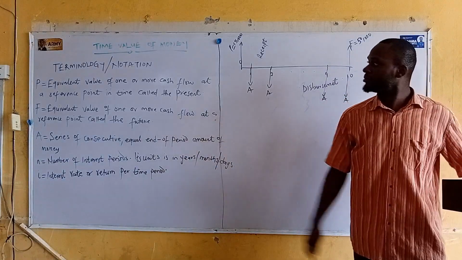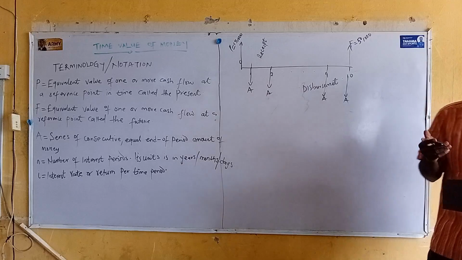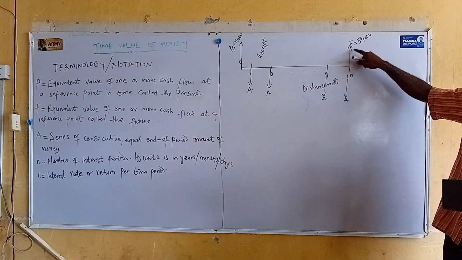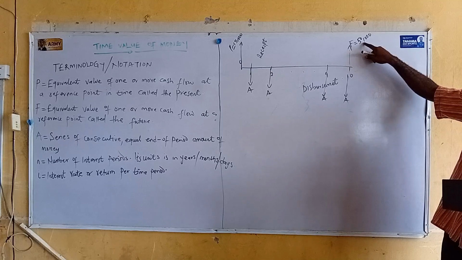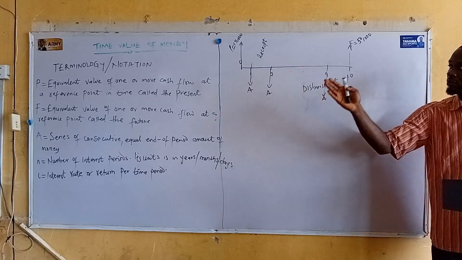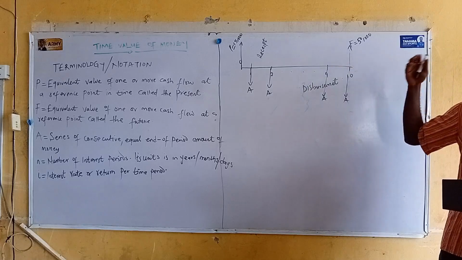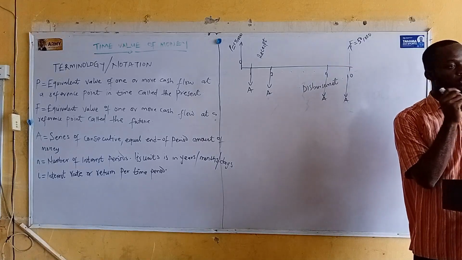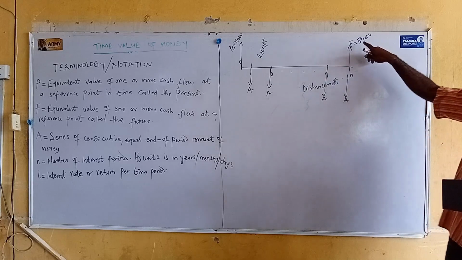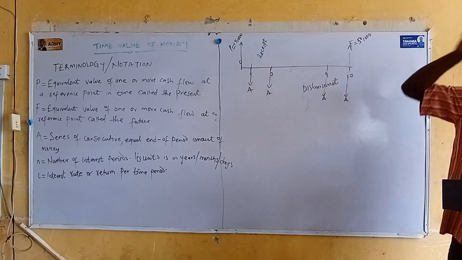Then for A, you are told that you want to be able to get 50,000 naira to buy a particular thing next year, let's say in 12 months' time. You are required to find the equal amount of money you have to save every month to be able to get 50,000 in a year's time.